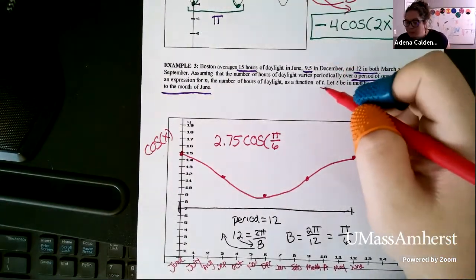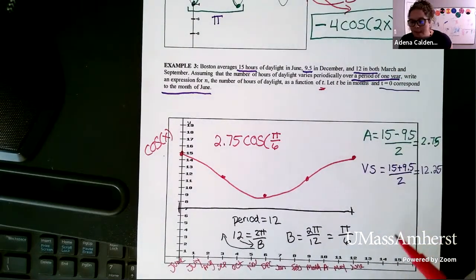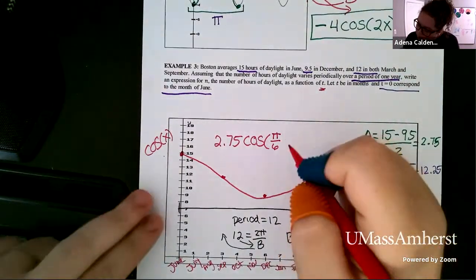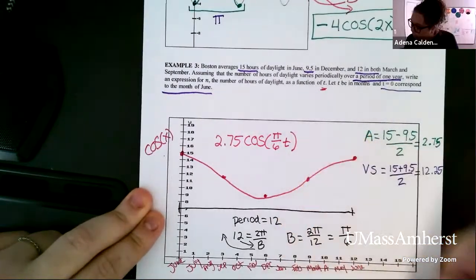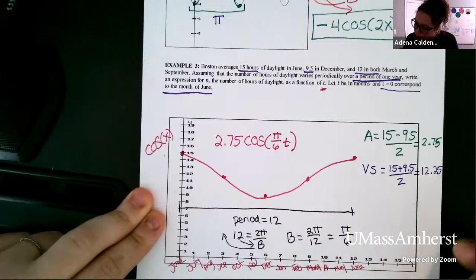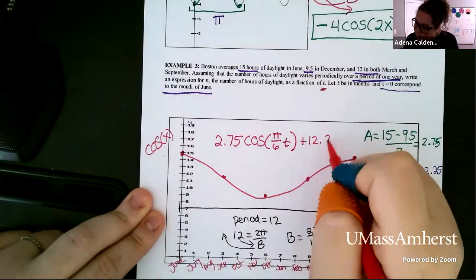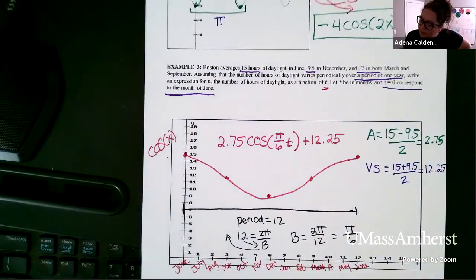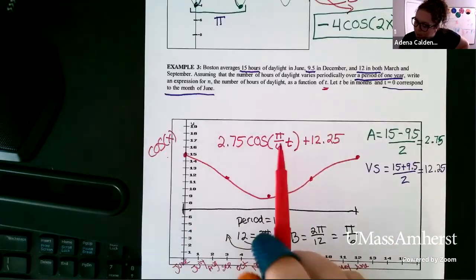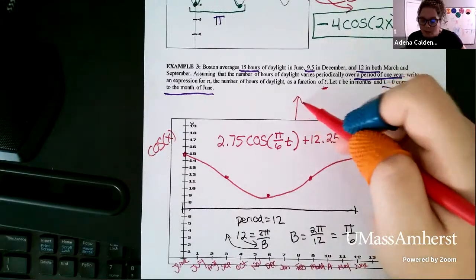So here I'm going to be using t because t is my independent variable. I'm going to put t in there. And then I have a vertical shift of 12.25. So this is the function that models this scenario.